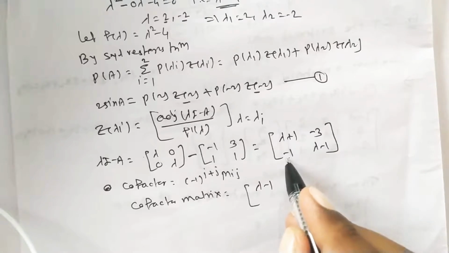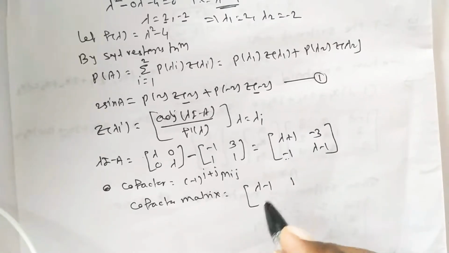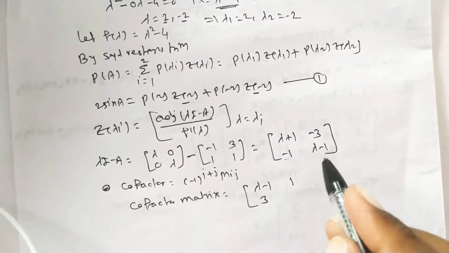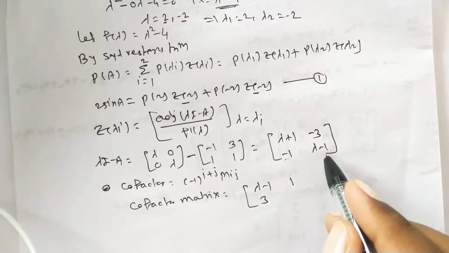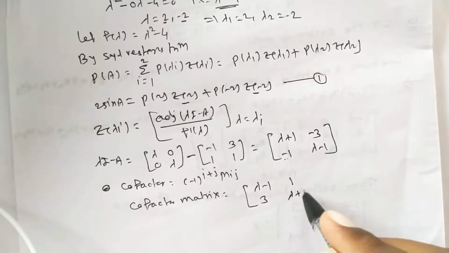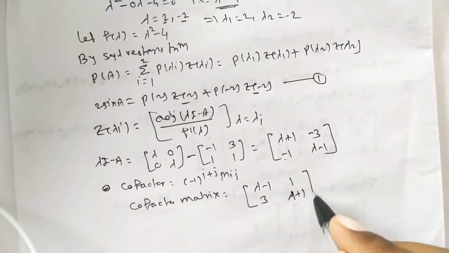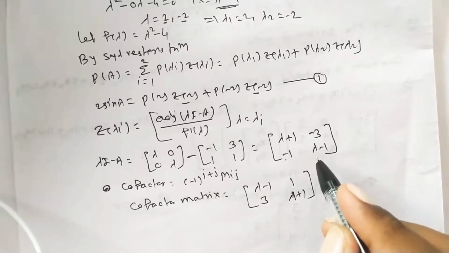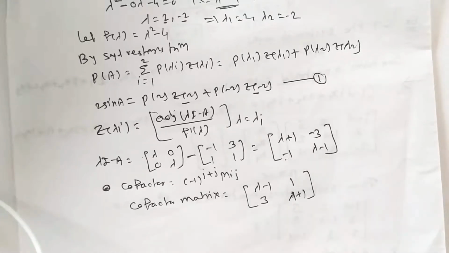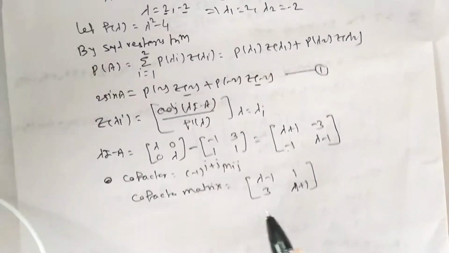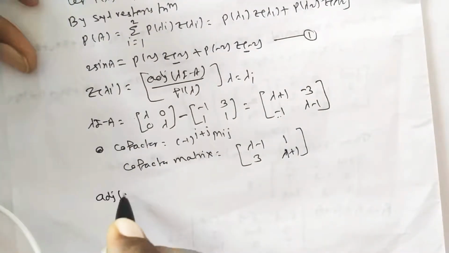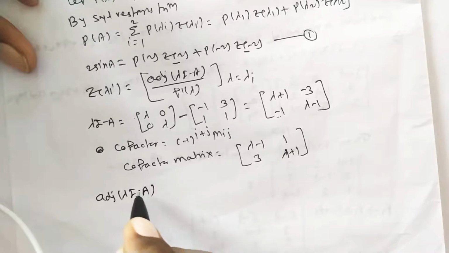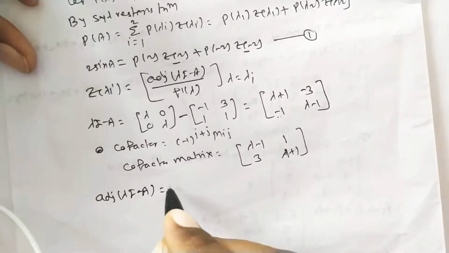Then the cofactor of this minus 1 is again minus 1 into minus 3, that is plus 3. And the cofactor of lambda minus 1 is lambda plus 1, minus 1 to the power 2 plus 2 into M22. So this is the cofactor matrix. And what is the adjoint? The adjoint is the transpose of the cofactor matrix. Take the transpose of this matrix.